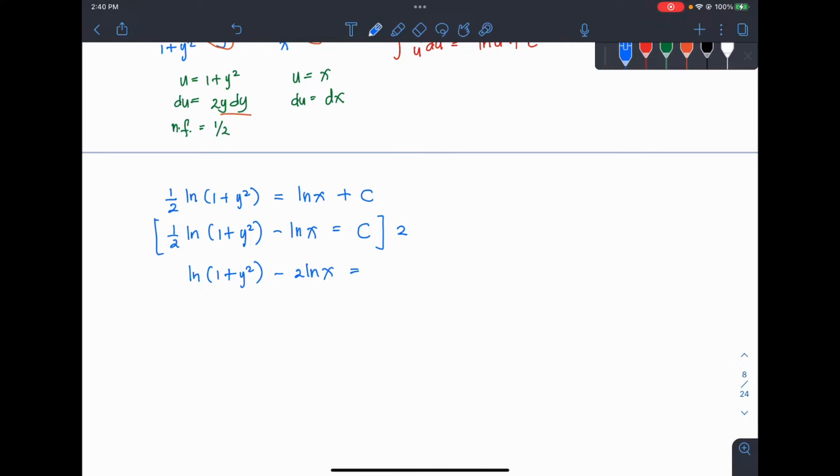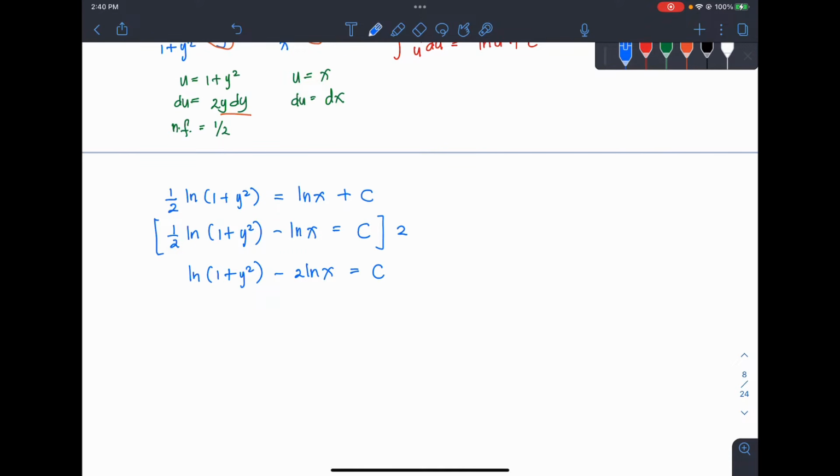A constant multiplied with another constant would still be a constant. So we're not writing 2c; although we can write 2c, for simplicity, a constant multiplied to another constant is still a constant c.